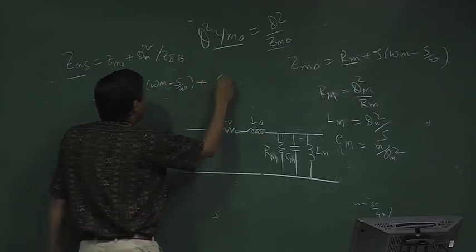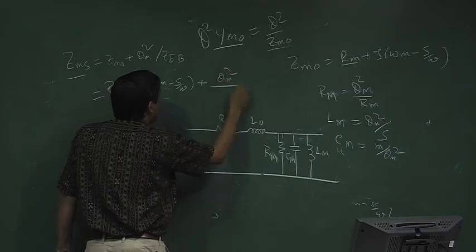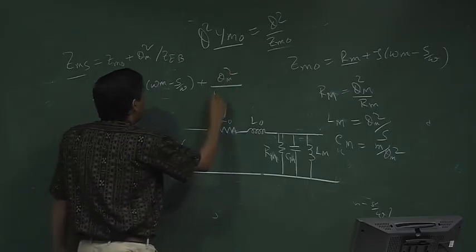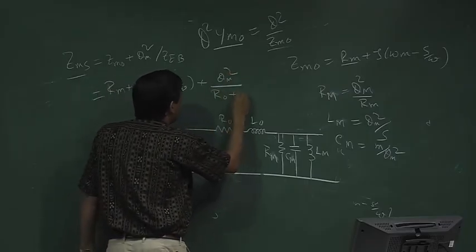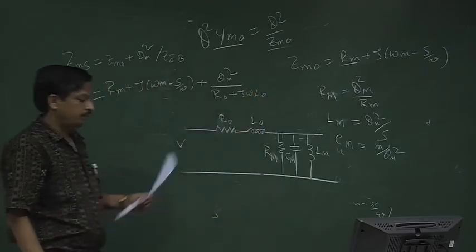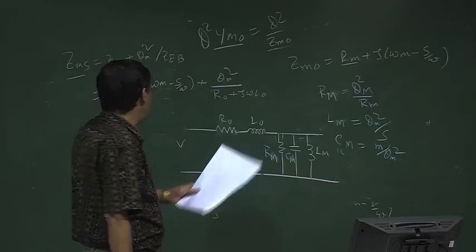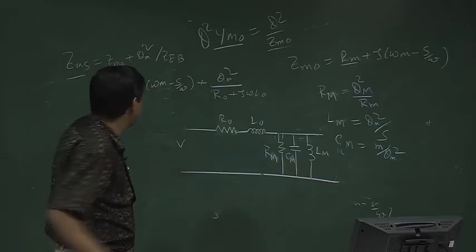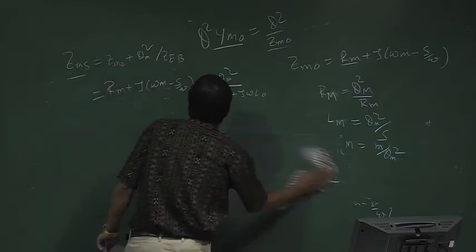What is ZMO? Rm plus j omega m minus s by omega. What is ZdB? ZdB is nothing but R0 plus j omega L0. If I simplify these things, what will I get?